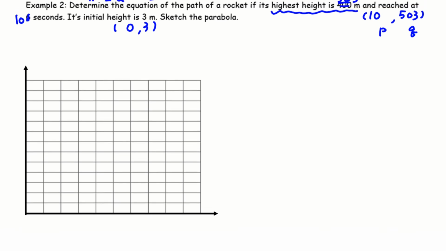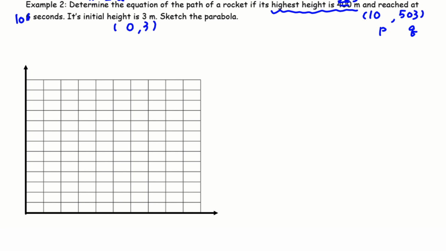So we are going to label it. The x-axis is time, in seconds, and the y-axis is height in meters. The initial height is 3, the maximum height is 503.